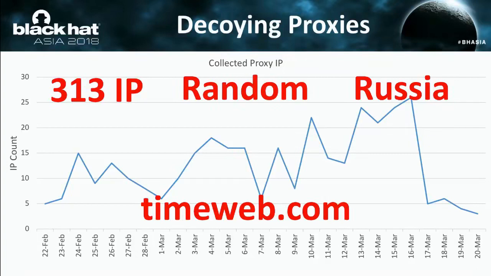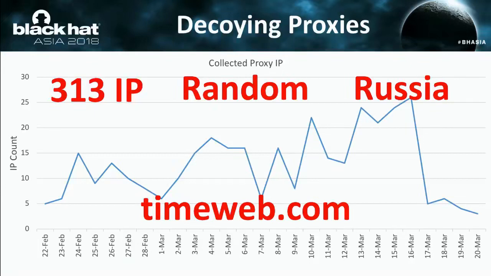We would like to know whether these proxy server IP addresses are shared among different attackers or not. So we have this kind of burning research question in our minds. We took a look at whether all the IP addresses we collected here are also used by other attackers.